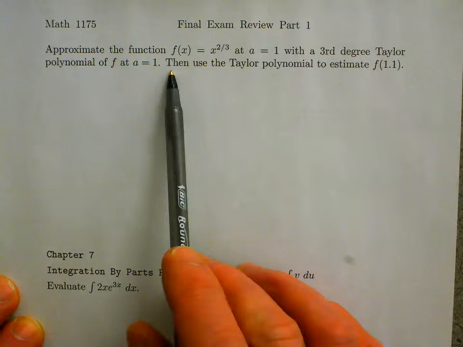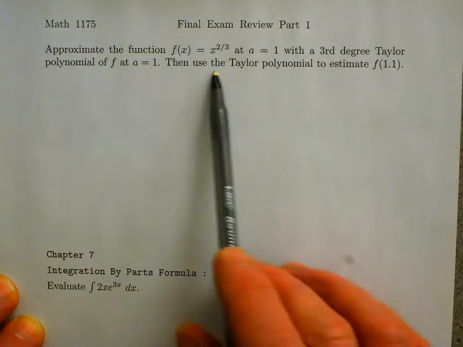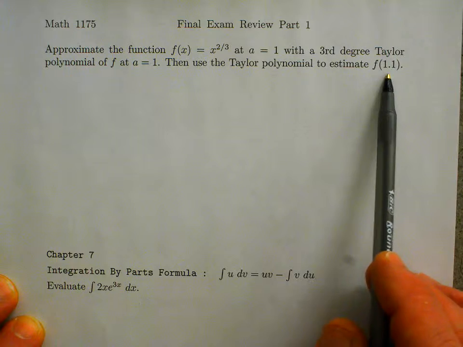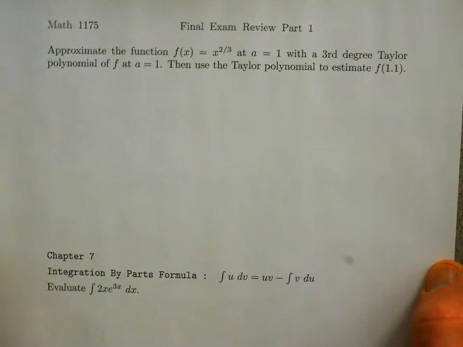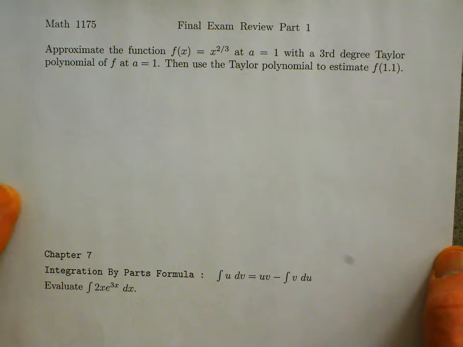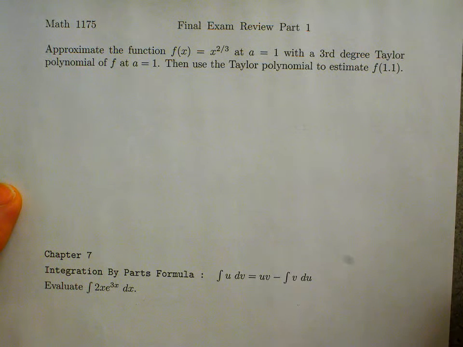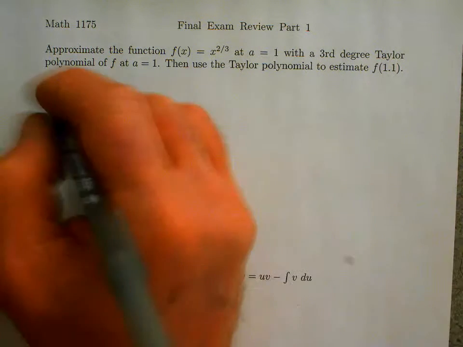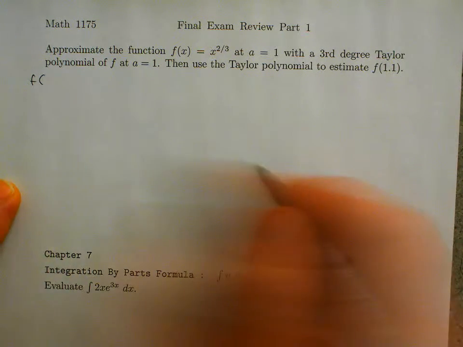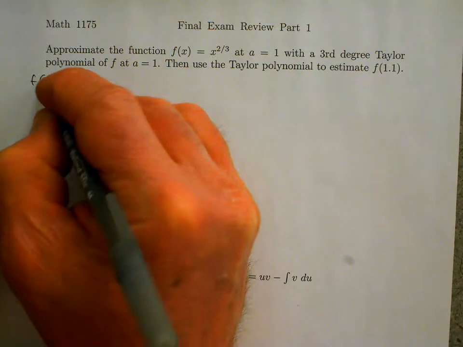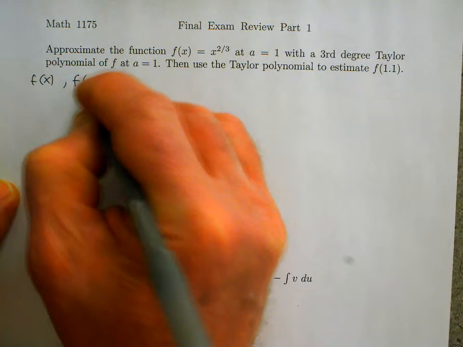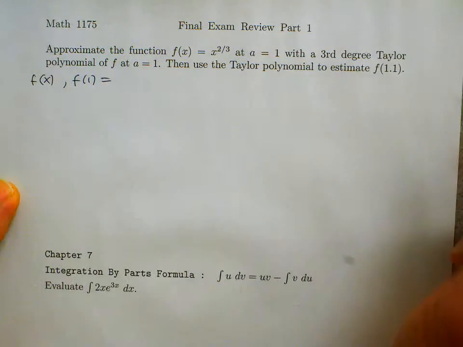And then after that, we'll use that degree 3 Taylor polynomial to estimate f of 1.1. So we need the function and the first 3 derivatives.